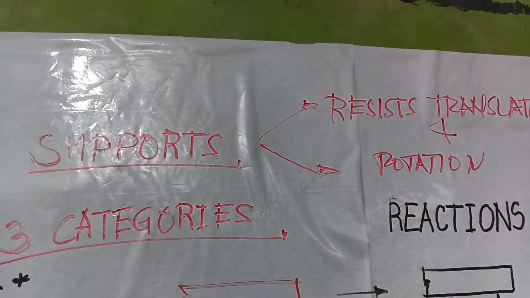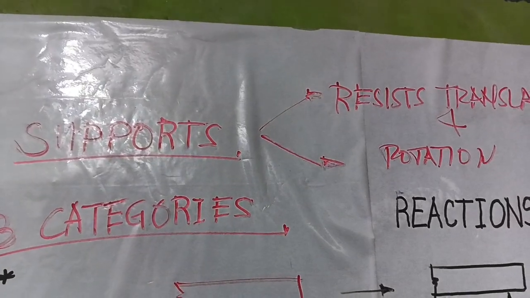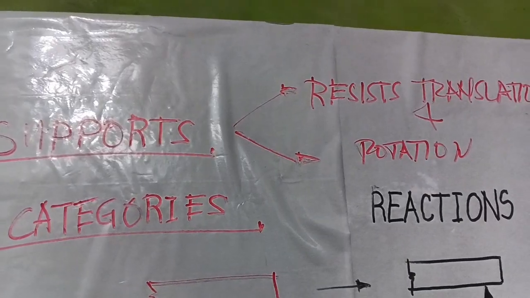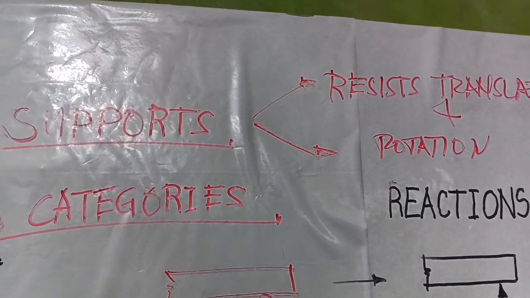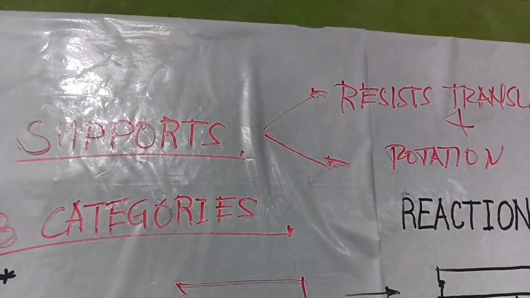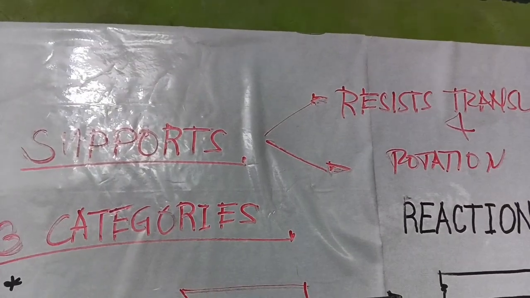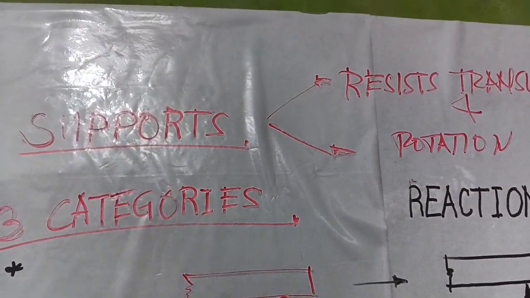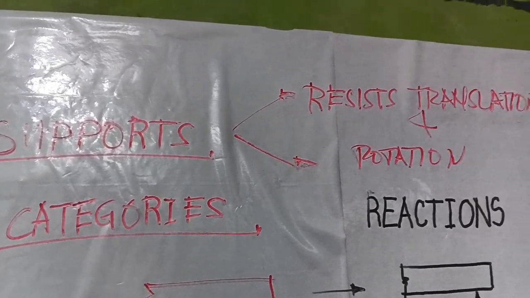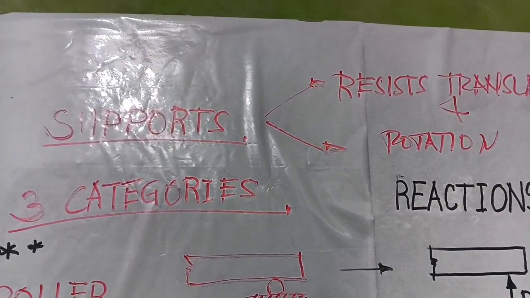Okay, so kung nag-apply ka ng loads going to the right or horizontal loading and it's gonna cause your structure to translate that direction, your support needs to exert a resistance or a reaction going against that direction. So it's gonna be opposite in direction but equal in magnitude of that applied loadings. Okay, so supports are what we use in order for us to counter those translations and rotations that is gonna be caused by our applied loadings.